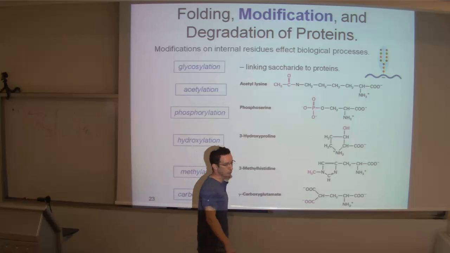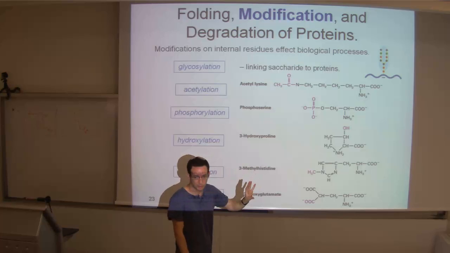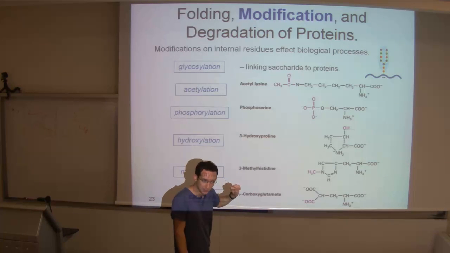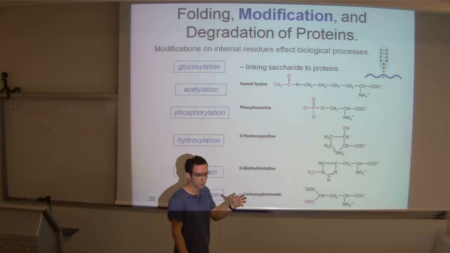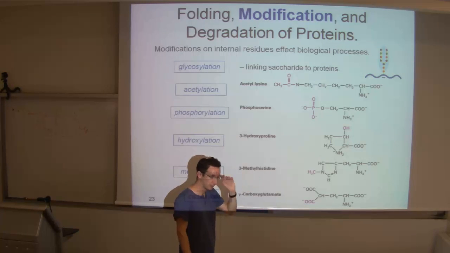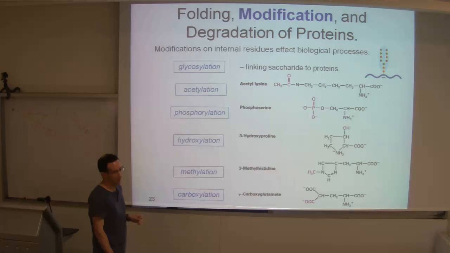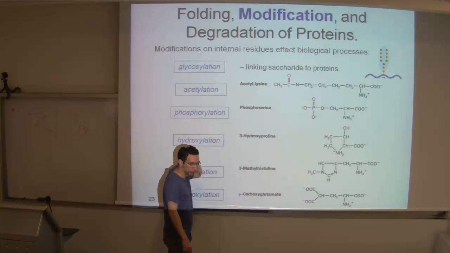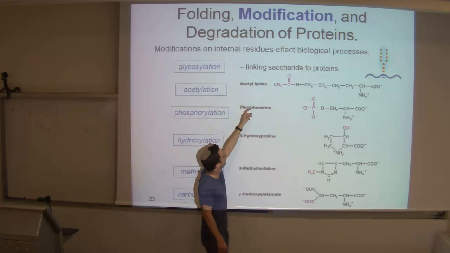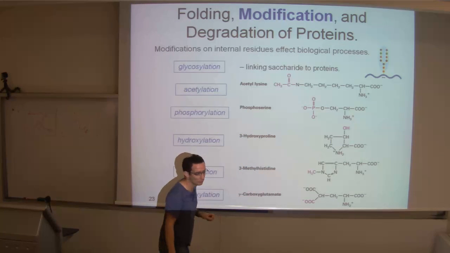It is thought to be a protective modification because we know that a lot of secreted proteins are glycosylated, and it's thought that it's to guard them from the harsh environments outside the cell. Acetylation could be on the N-terminal as we saw previously, but it also could be on a residual group somewhere in the internal part of the protein.